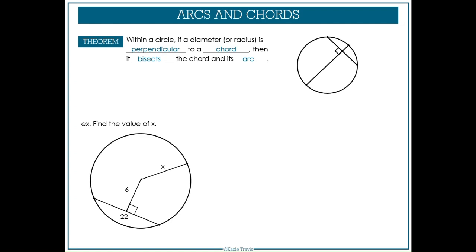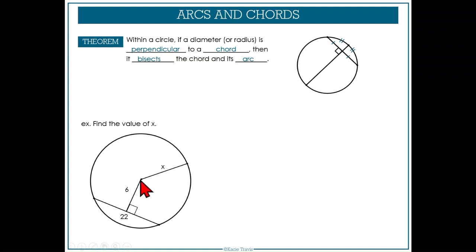If we got a chord here and it is perpendicular to either a diameter or a radius, then this whole chord here is bisected, and this arc here is also bisected, meaning it's cut in half. Let's get into a quick bit of algebra with this. On our paper, we have this example.